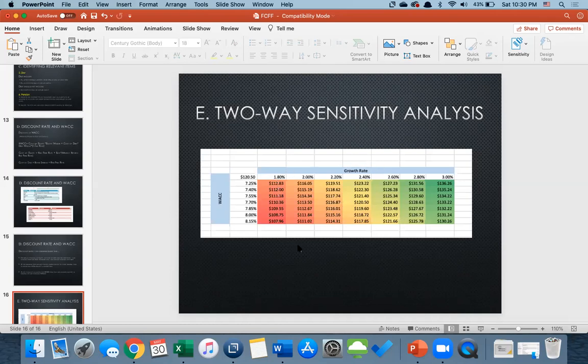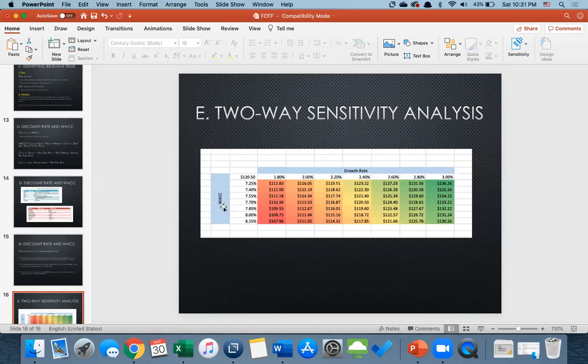From this example, we can see if the growth rate changes from 2.4 to 1.8, the price could change $10. If it just decreases 0.6%, the price could change $10. Similarly, if it increases 0.6%, the price increases $10.